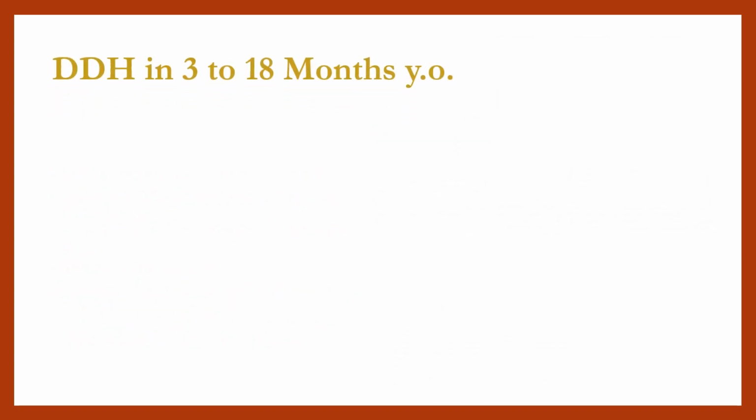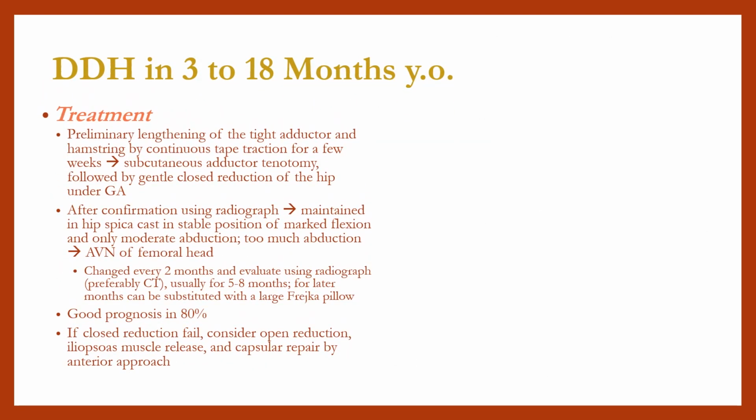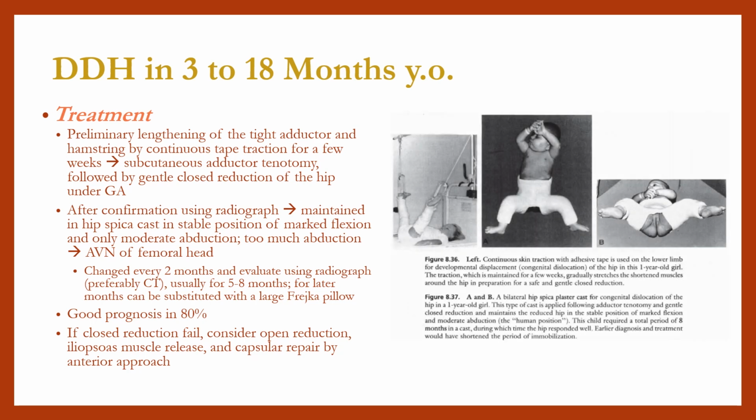The treatment involves preliminary lengthening of the tight adductors and hamstrings by continuous skin traction for a few weeks. Subcutaneous adductor tenotomy, followed by gentle closed reduction of the hip under general anesthesia. After confirmation using radiograph, maintain in a hip spica cast in a stable position of marked flexion and only moderate abduction.